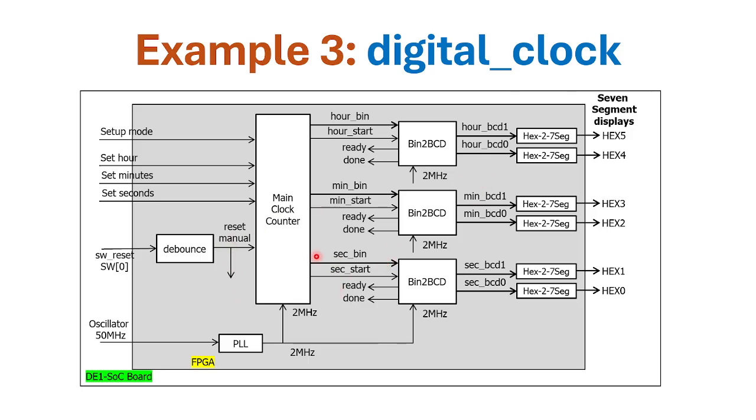Sometimes these block diagrams may become quite messy, and you won't want to show all the wires and all the connections going anywhere. For example, this 2 megahertz output clock signal from the PLL would go to pretty much all of these components, but you wouldn't trace and show all those wires because the diagram would become too messy.